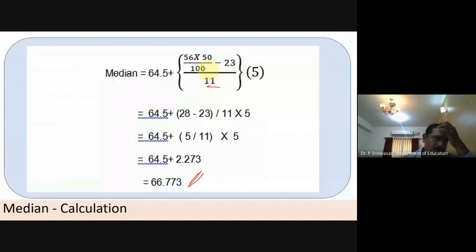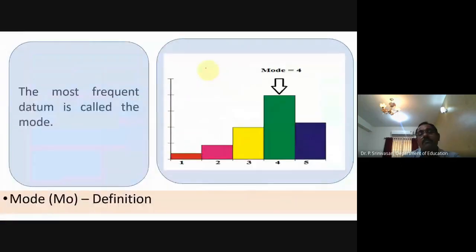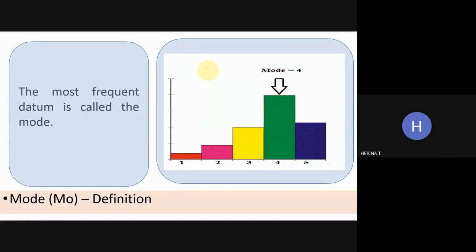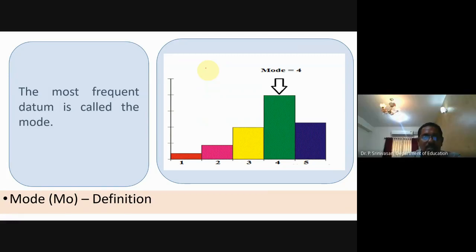Now I am showing it graphically. The number 4 is repeated 4 times. 5 is repeated how many times? 2 times. 3 is also repeated 2 times. 2 is 1 time only.